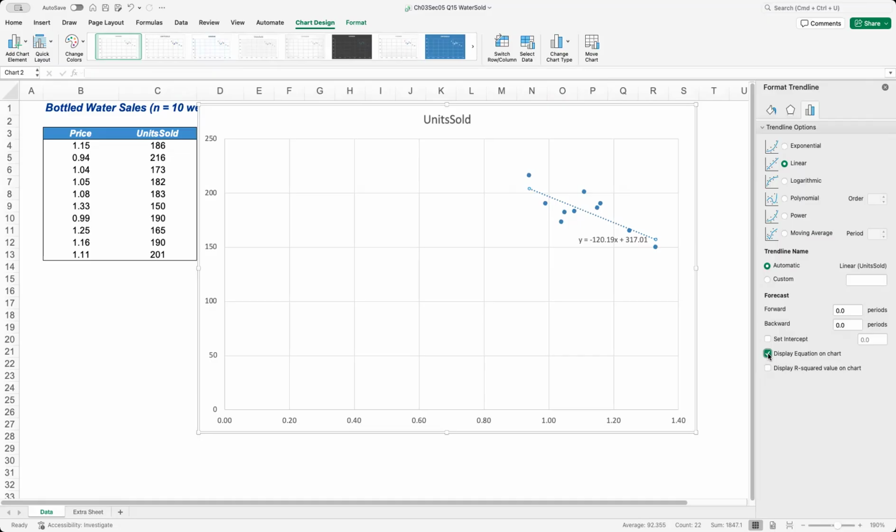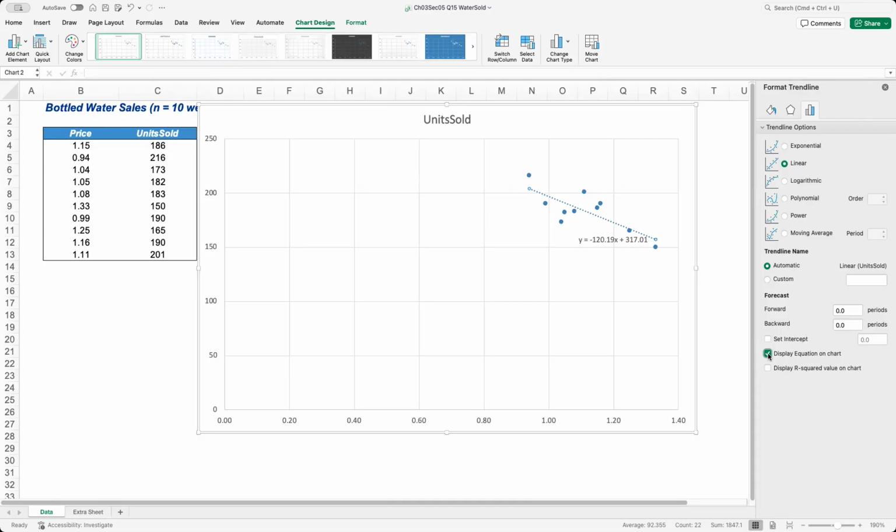For every dollar of increase, my number of units sold should go down by 120. I don't expect to raise the prices $1 anytime soon, but I can now say if I'm going to raise it half a dollar, sales should go down by 60, half as much. If I raise it 25 cents, it should go down by 30, a quarter as much. I can now extrapolate.